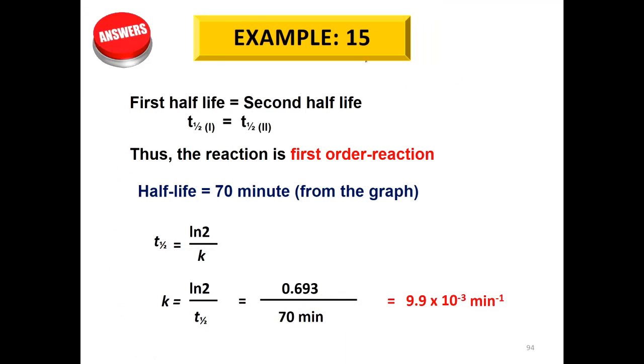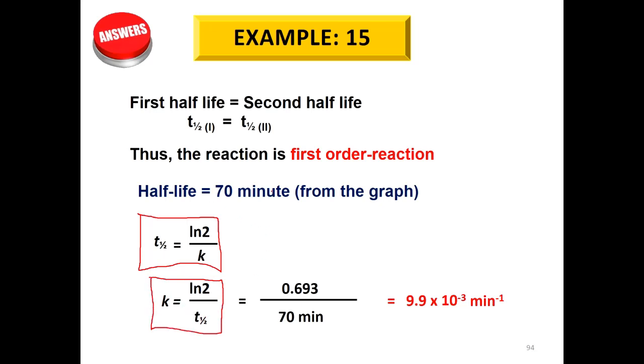Then you have to find out the half-life. The half-life is 70 minutes. So by using this equation for first order, you can find out your k. Basically your k is ln 2 divided by t half.